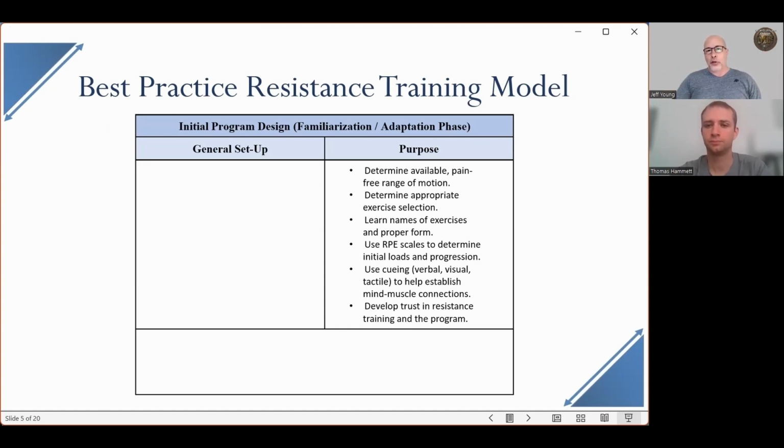So for those who are familiar with the transtheoretical model and the pre-contemplation, contemplation, etc., obviously by the time they get here, they're not pre-contemplating or contemplating anymore. But they're still apprehensive. Part of a way to decrease that apprehension and facilitate change of behavior is self-efficacy, right? And giving them confidence. And so that's another major purpose of this phase that I'm alluding to in the last bullet point when I say develop trust in the program, but develop trust through building confidence and having them experience success by not giving them something that's too hard.